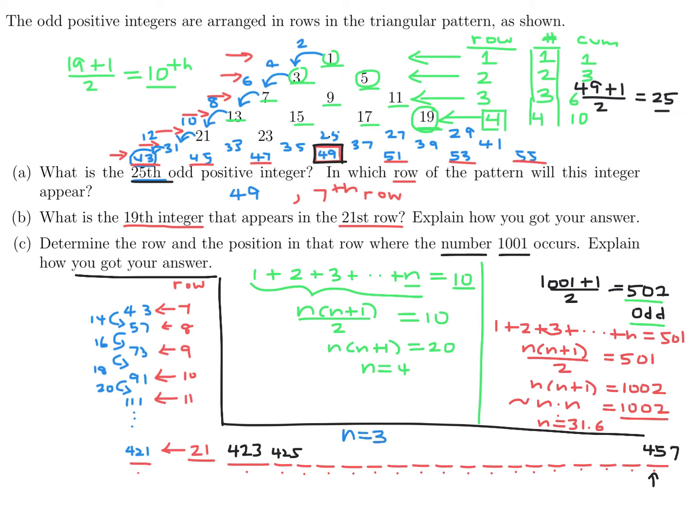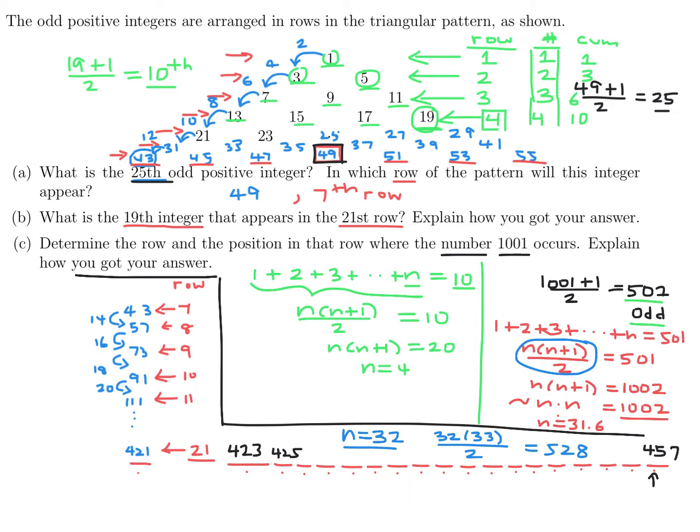So let's see what happens. When I tried n equals 32, when I put it in this formula right here, I got 32 times 33 divided by 2, which is 528. So that means the 528th odd number is in the 32nd row.